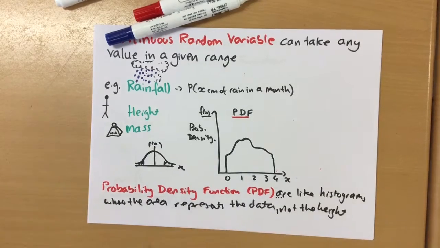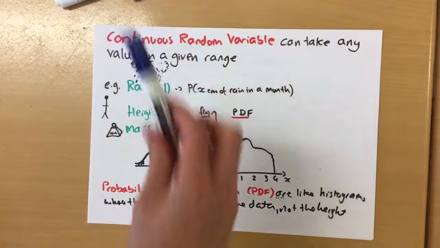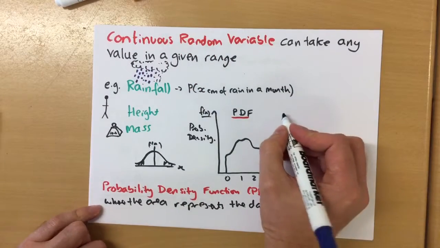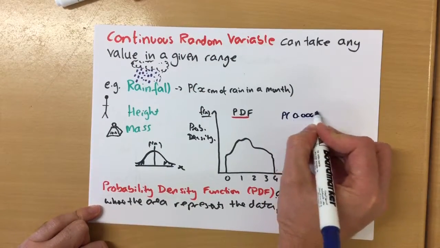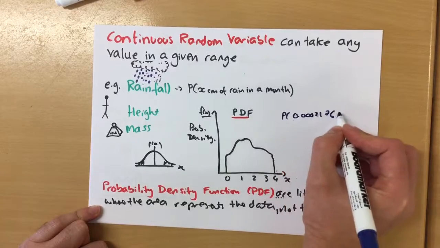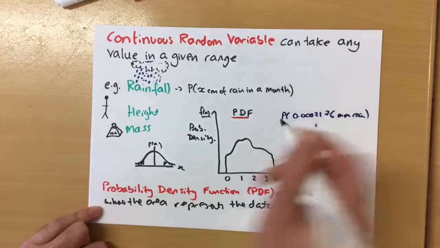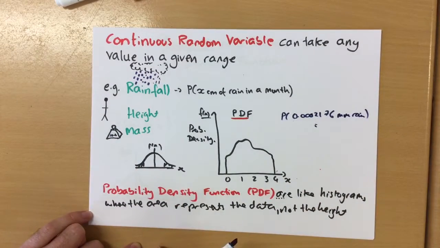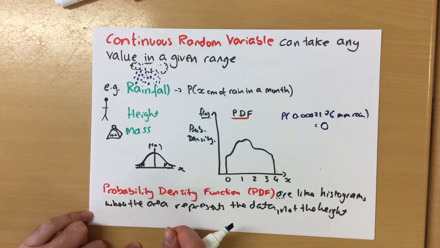Okay, so the thing about the continuous distribution is it's very, very unlikely to have an exact value. So if I say to you, what's the chance of 0.0002176 millimeters of rain, and exactly that number, is probably going to be 0.